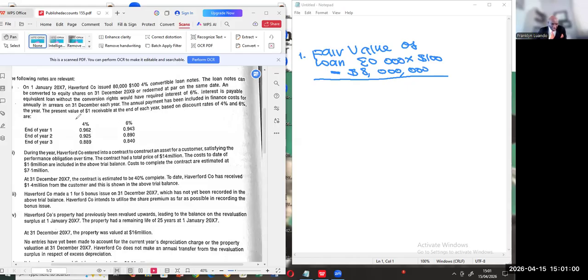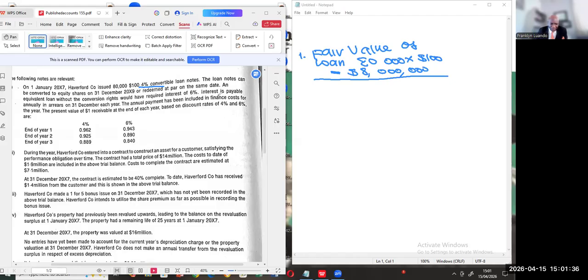Now we are told that the 4% convertible loan, the interest attached to the loan is what we call coupon interest. The loan notes can be converted into equity shares on 31st December 20X9 or redeemed at par on the same date.